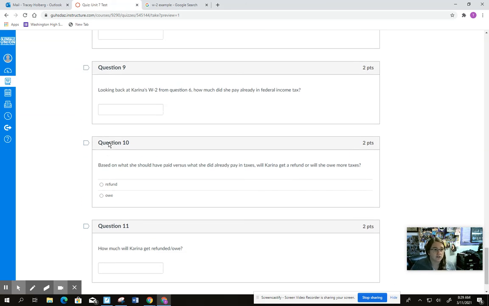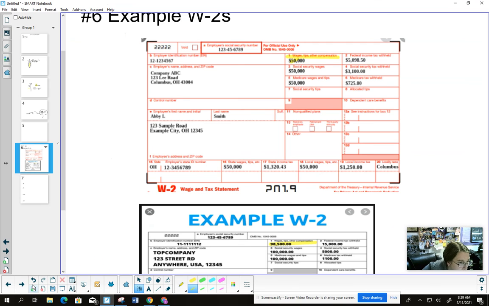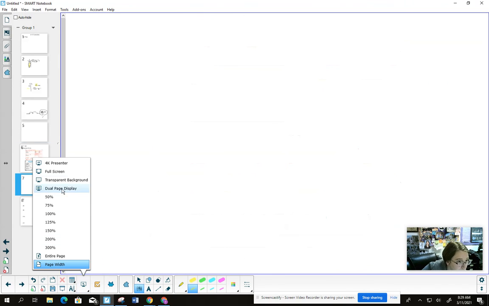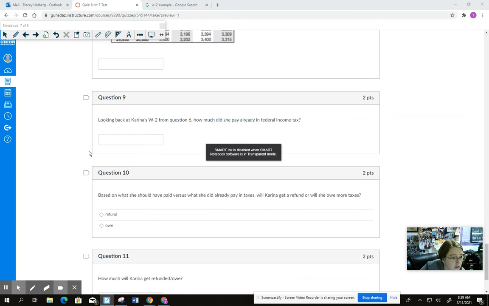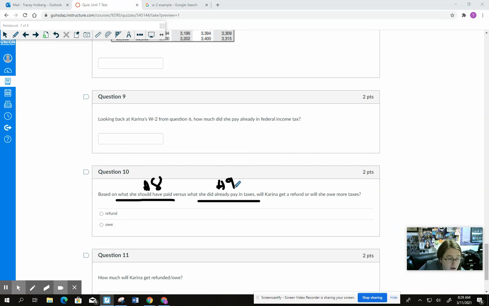So in 10, guys, what you needed to realize is based on what she should have paid, that's your answer in number 8. And I'm actually going to go ahead and write this down. Based on what she should have paid, this is number 8. What she did pay, this is number 9.